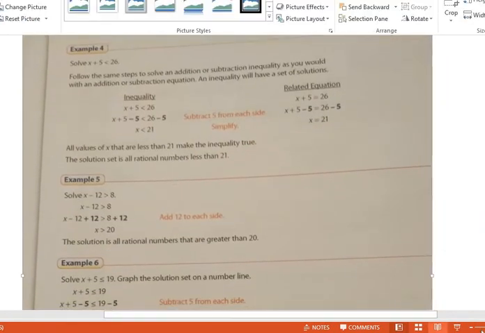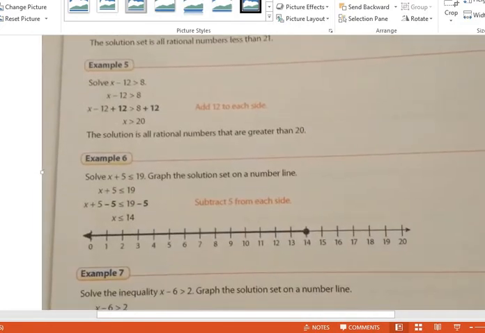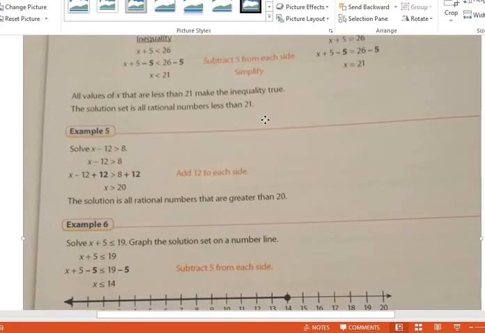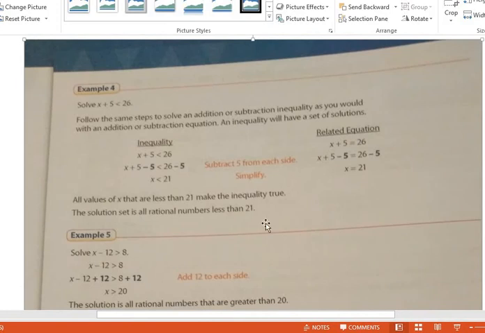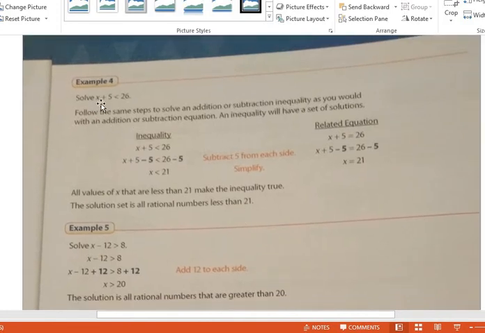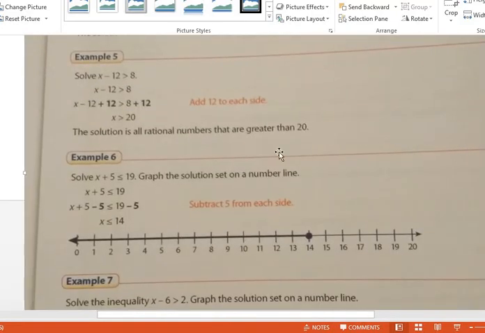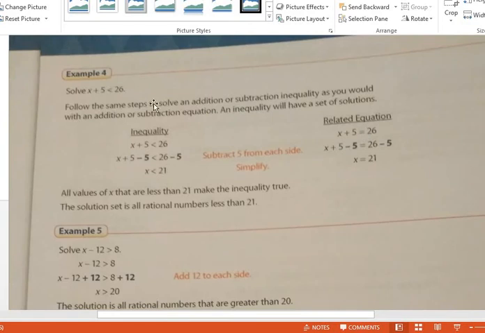Here I will enlarge it for you to see it well. Okay, it's clear now. Solve x plus 5 less than 26. Follow the same steps to solve an addition or subtraction inequality as you would with an addition or subtraction equation.